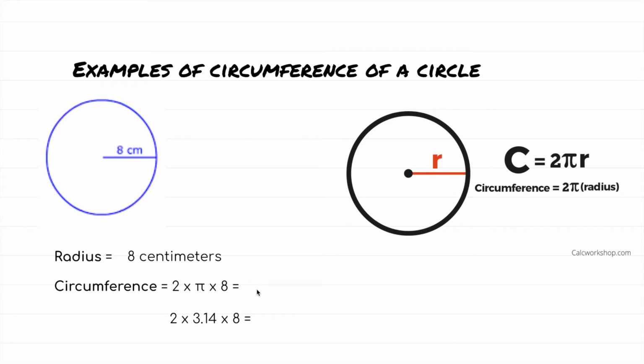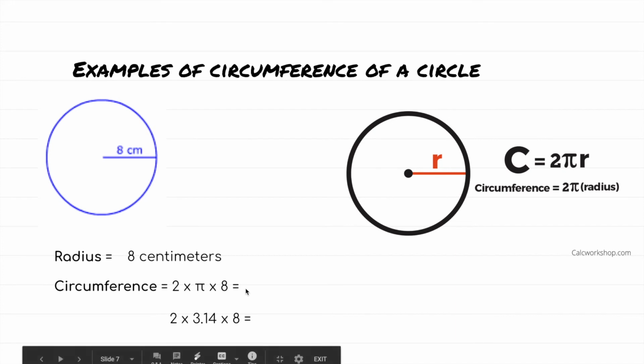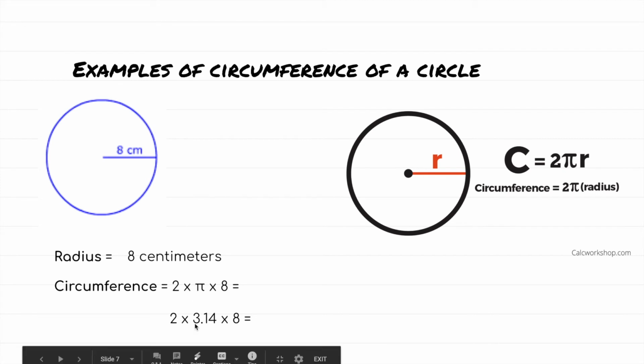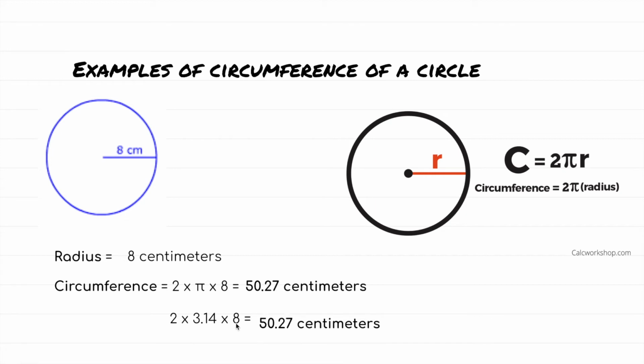So same deal with this problem as well. You can enter this first equation into a calculator to use the pi symbol, or if you're told to work this out by hand, you can work out 2 times 3.14 times 8, and you will end up getting the same answer for both equations, which is 50.27 centimeters.